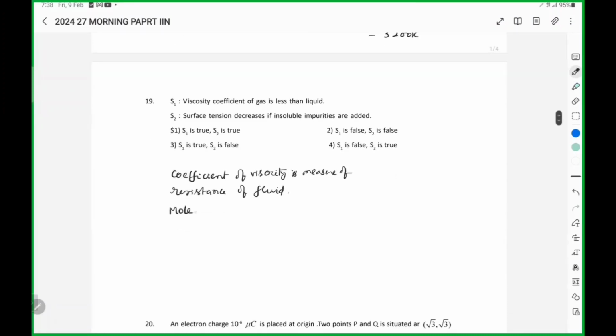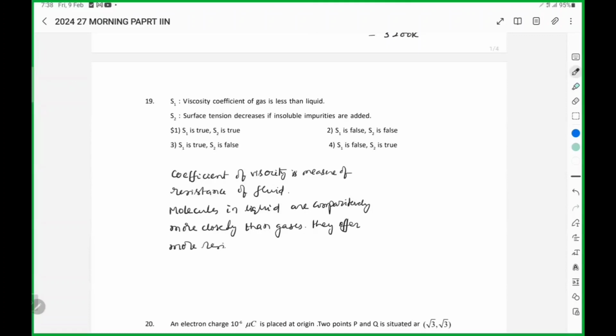Molecules in a liquid are comparatively more closely packed than in gases. So they offer more resistance.